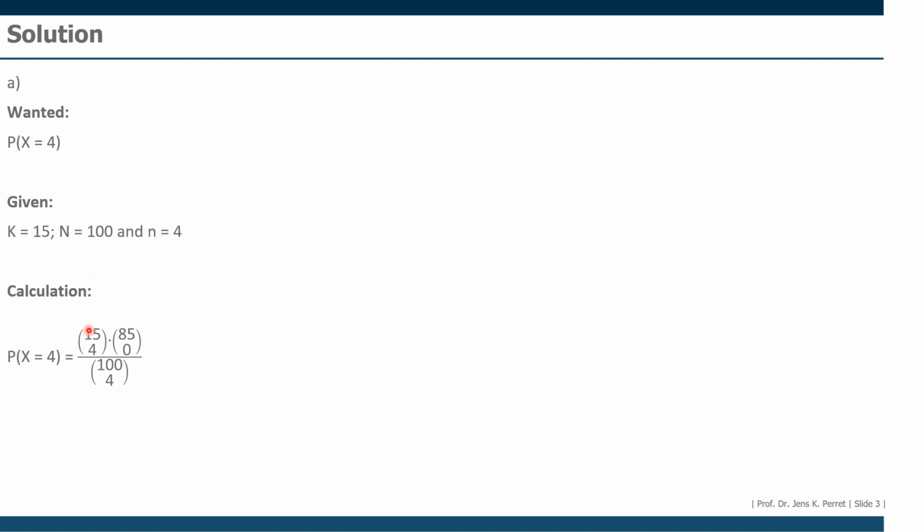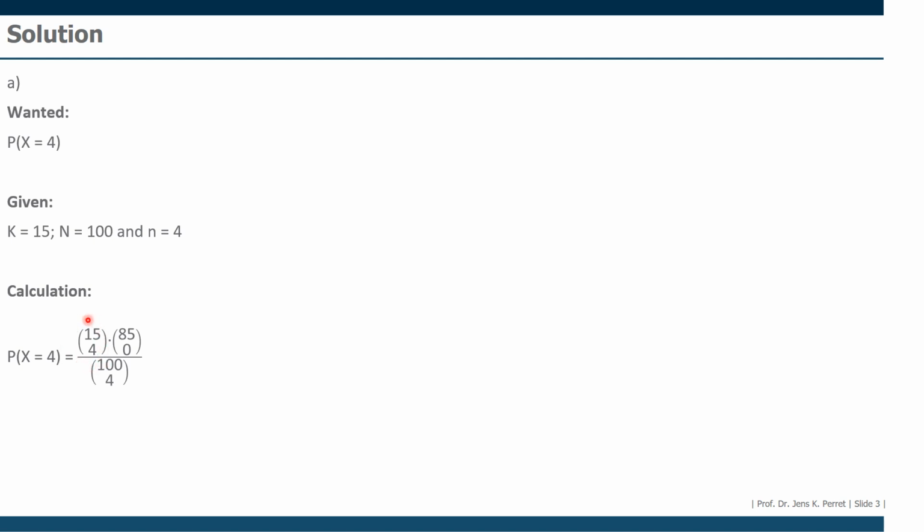So first off, we have large K over small k, so 15 over 4. Then on this side we have large N minus large K over small n minus small k. What is this? That's actually the people who do not have the property we are talking about here.